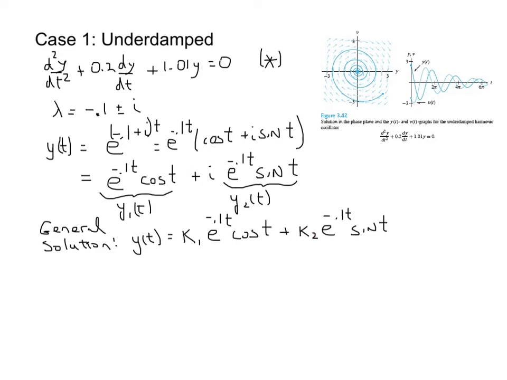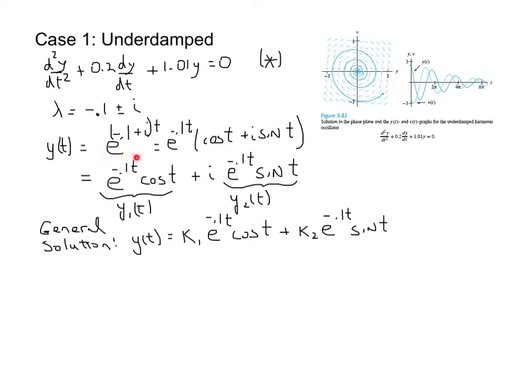An example of our case 1, an underdamped example, is shown in our book on page 338, and this is our equation for our damped harmonic oscillator. Our M is 1, our B is 0.2, and our K is 1.01. Our eigenvalues end up being minus 0.1 plus or minus i.